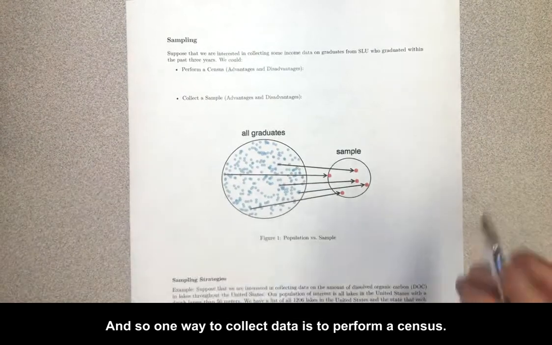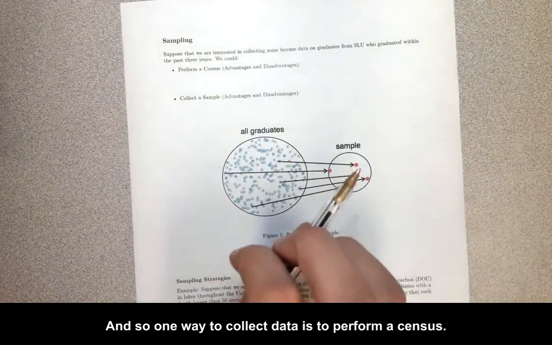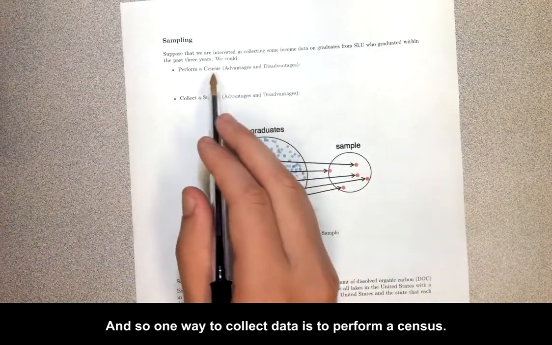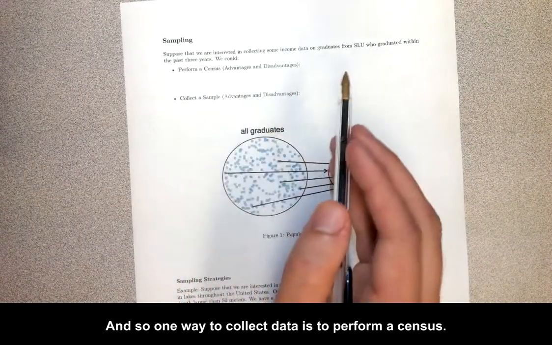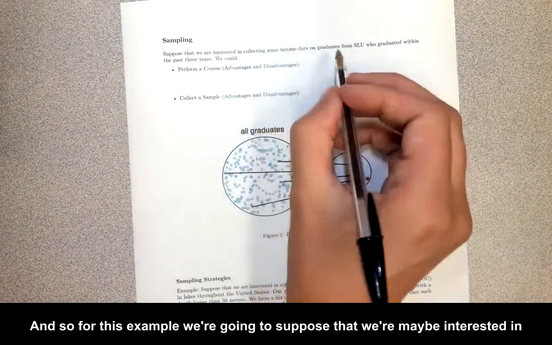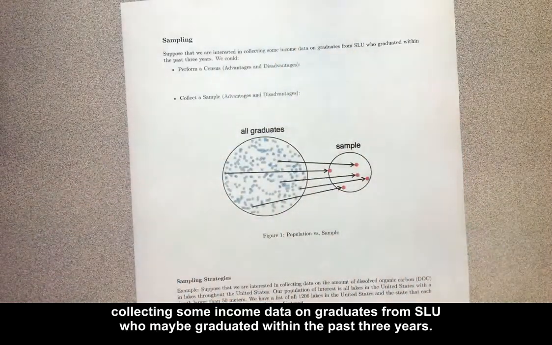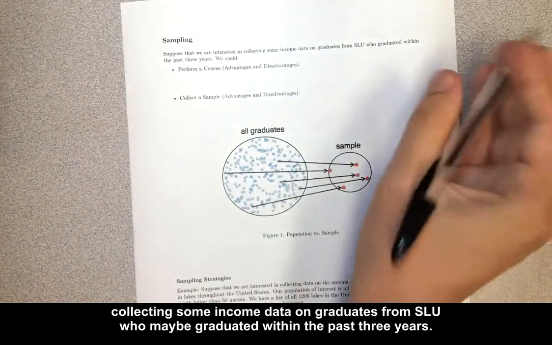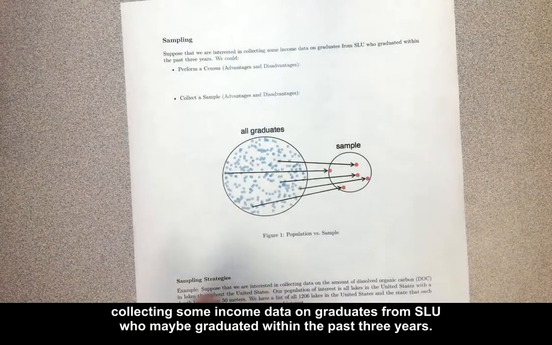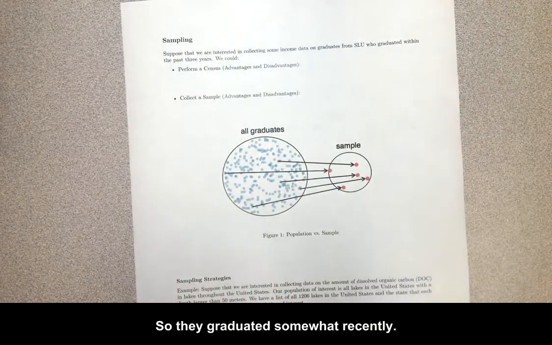One way to collect data is to perform a census. For this example, suppose we're interested in collecting some income data on graduates from SLU who graduated within the past 3 years, so they graduated somewhat recently.